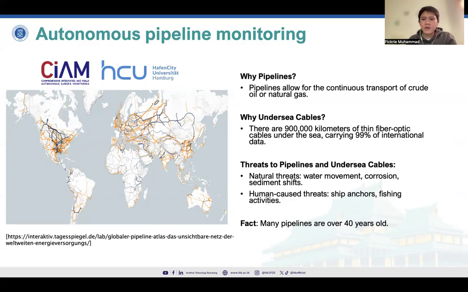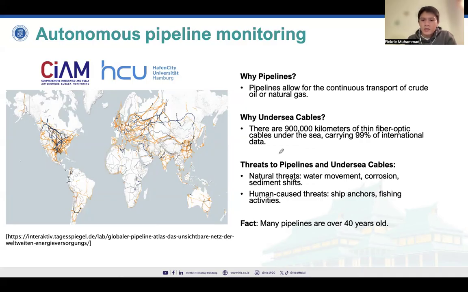It's because pipelines allow for continuous transport of crude oil, natural gas, or cables. For example, there are 900 kilometers of thin fiber optic cables under the sea, carrying 99% of international data, for example for the internet and other connections.